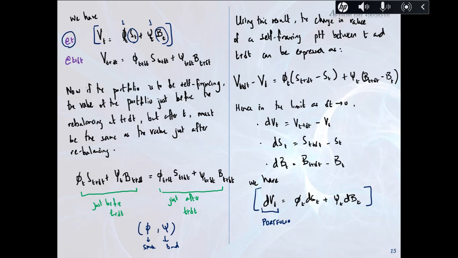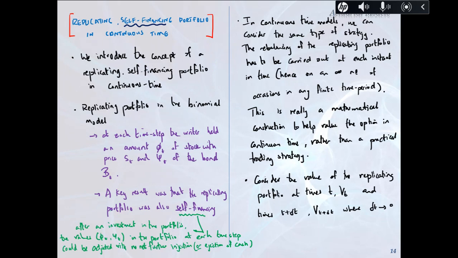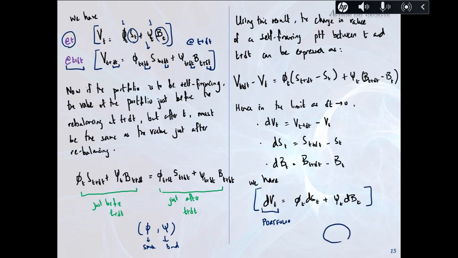Good. Now at time t plus delta t, I have in fact the same thing here and here, but the only change is the delta t. So here it is the portfolio built at t plus delta t. Now one thing that is very important is that it is self-financing. Suppose I have a portfolio of stock S_t and bond B_t at time t.